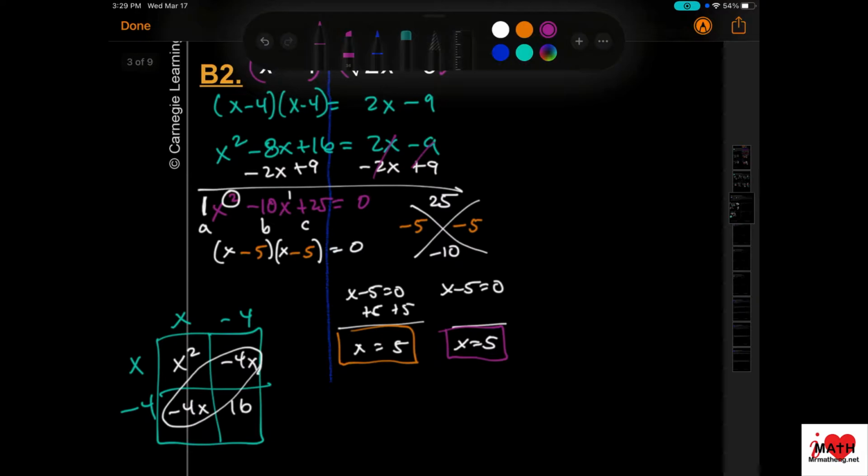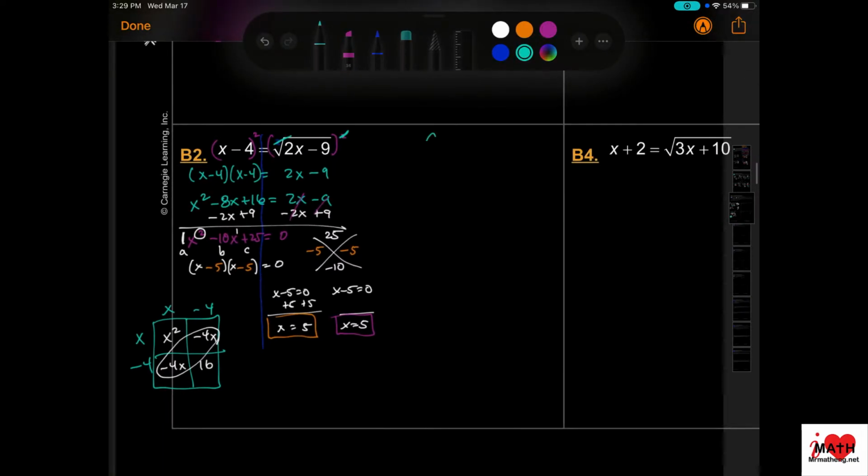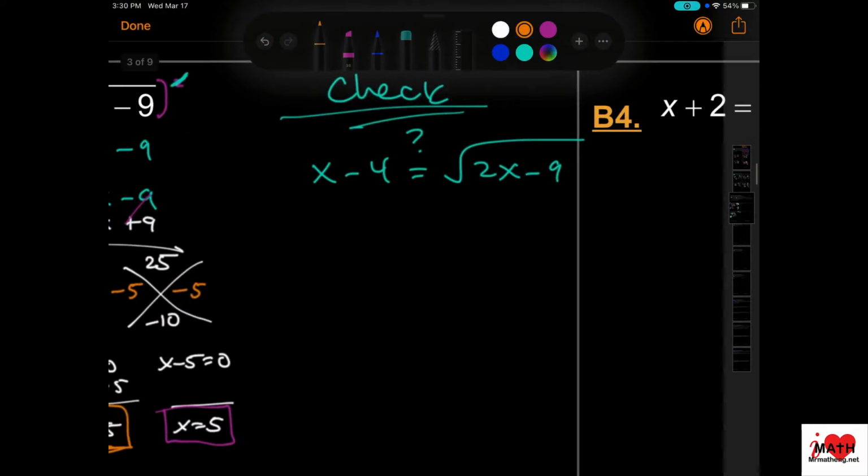Okay? So let's go ahead and check this now. You're just going to write the original problem. And we're not sure if they're equal, so we're going to go ahead and substitute in x equals 5 for every x value.